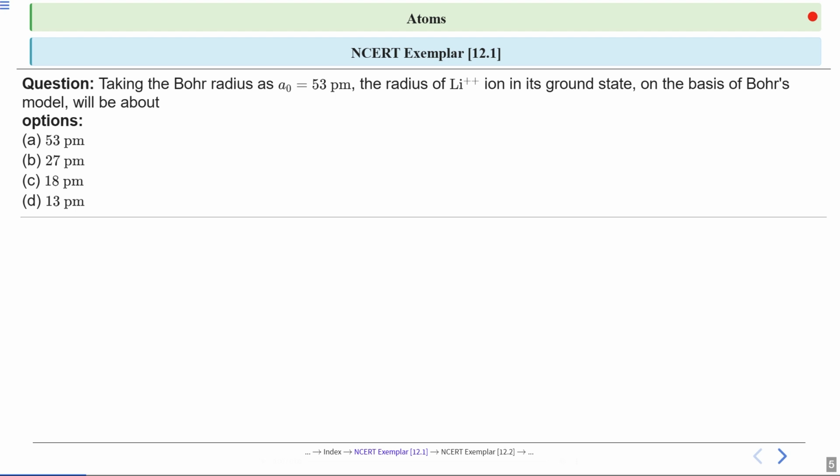This type of problem tests your understanding of how the Bohr model predicts atomic radii for hydrogen-like ions with only one electron like lithium, and how the radius depends on atomic number Z and principal quantum number n. 4 options are given and you have to choose the correct one.